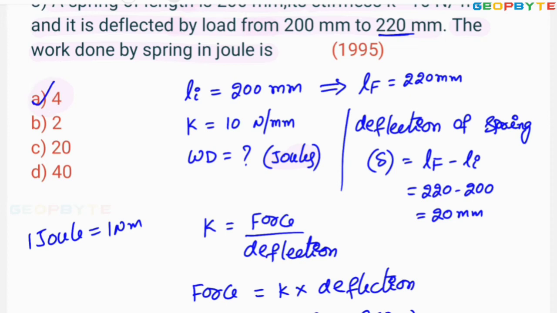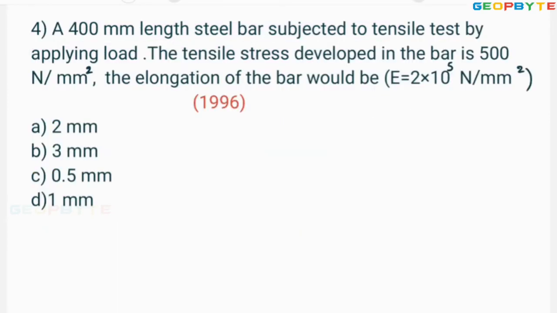Let us go for the fourth problem. It was asked in 1996. A 400 mm length steel bar. The length of the steel bar L equals 400 millimeters.